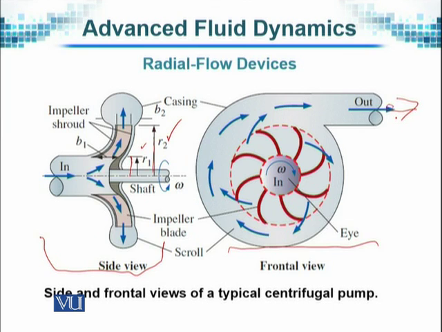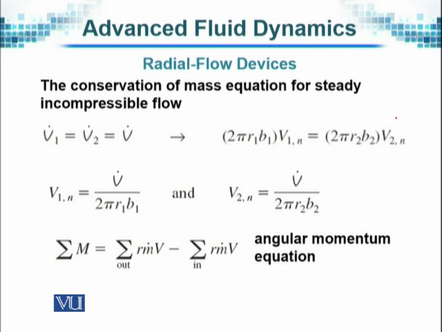The action of forces is calculated or equated on the basis of the equation that we have seen a little earlier. The conservation of mass equation for steady incompressible flow says the rate of change of volume at point V1, that is at the entry, and at the exit are the same, because the amount of fluid that is sucked in, the same amount is thrown out.